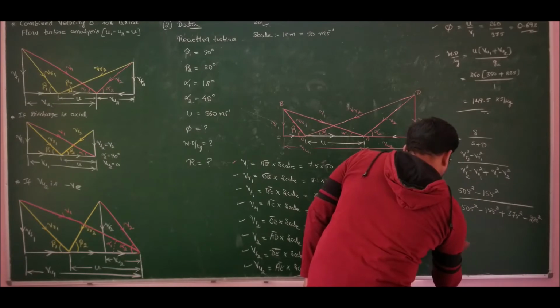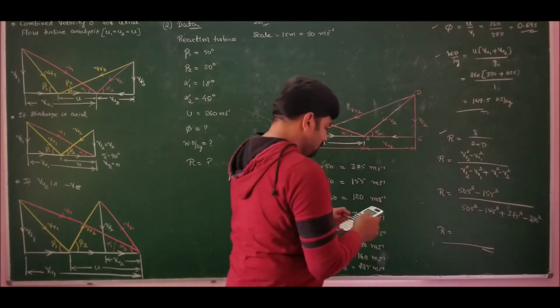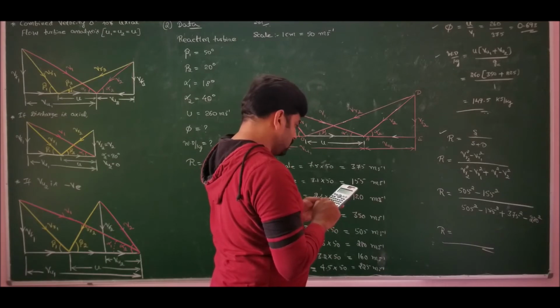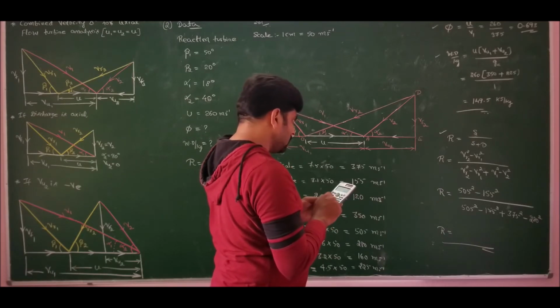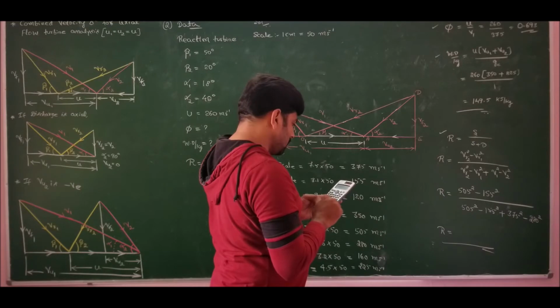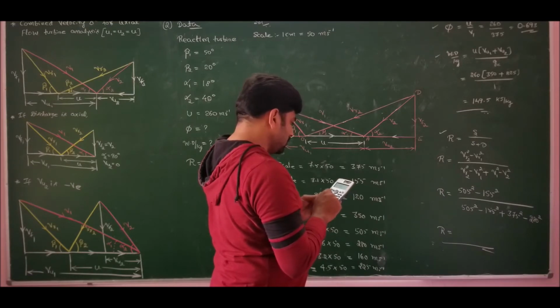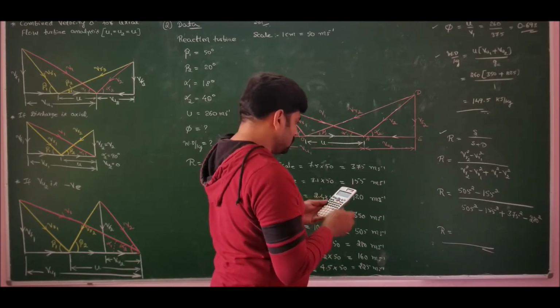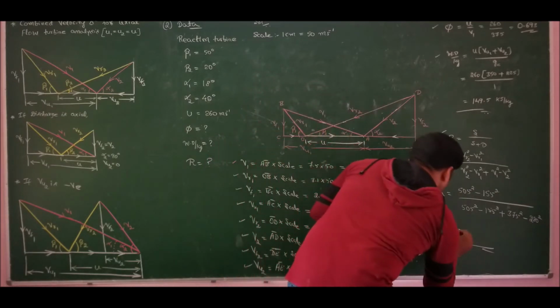So therefore, degree of reaction for this problem is turning out to be 505 square minus 155 square divided by 505 square minus 155 square plus 375 square minus 280 square. The degree of reaction is 0.788.